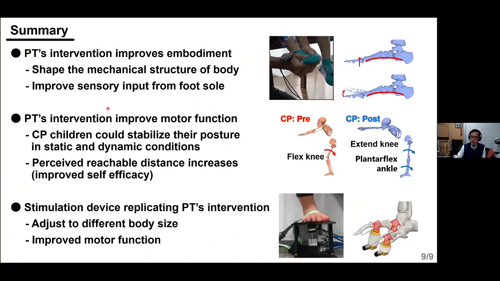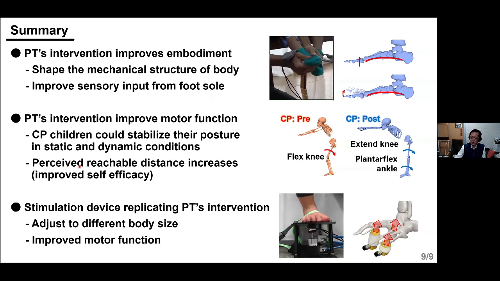So here is a summary of my talk. PT's intervention may improve embodiment. It aims to shape the mechanical structure of the body and improve sensory input from the foot sole. The motor function improved, so CP children could stabilize their posture in static and dynamic conditions.